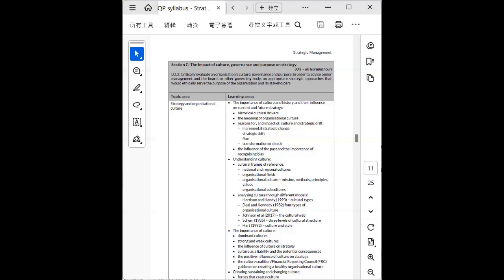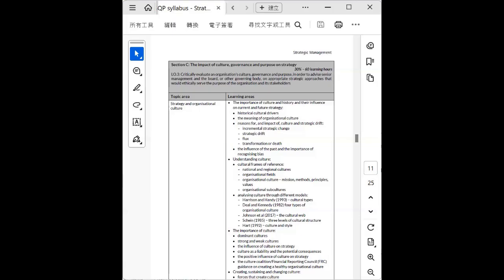So you can see that there are some terms that you may need to understand. We can say that there are incremental strategic changes, which means small gradual changes that keep pace with the external shifts, or there is strategic drift, as I've explained earlier, and the result would be that your strategy will eventually be outdated.